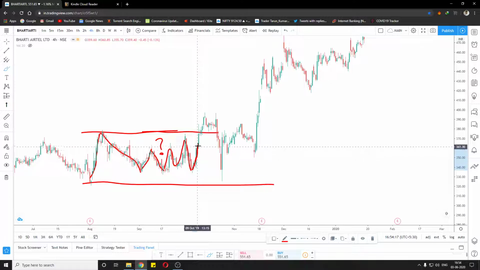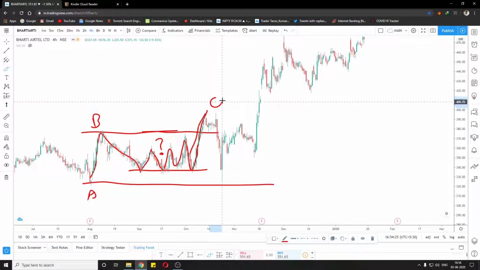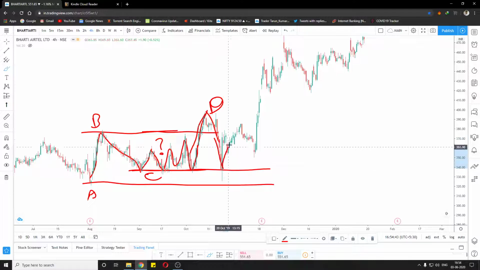As soon as the market crossed this high, this is our point A, this is our point B, this is our support, and this is our point C. And now for a downtrend, the market should not cross, this is C and this is D. So for an uptrend, the market should not cross C. So the market stopped at C, came up.